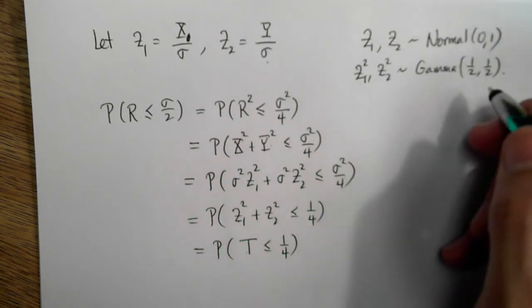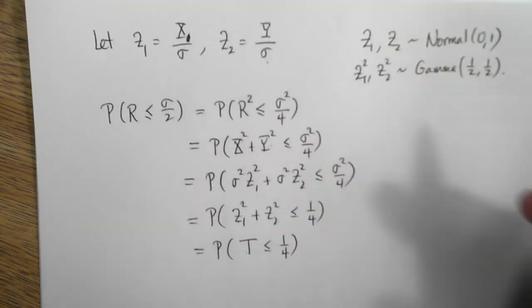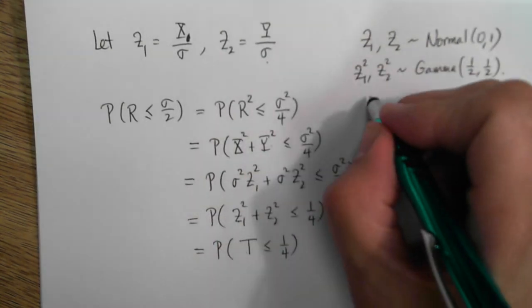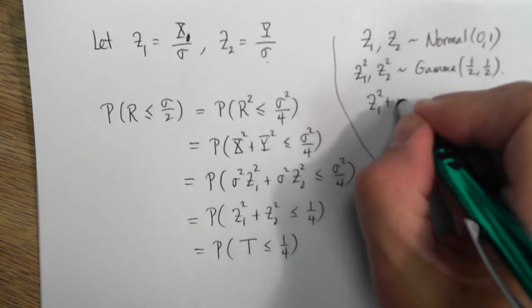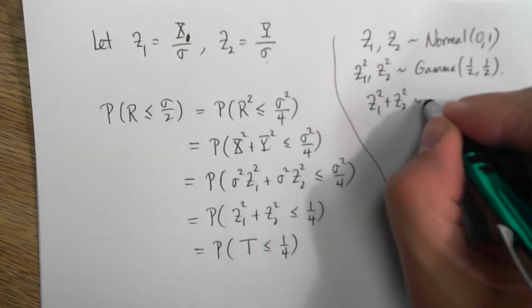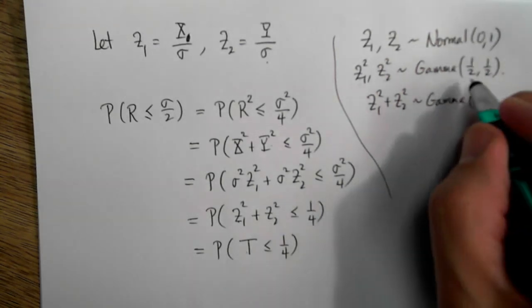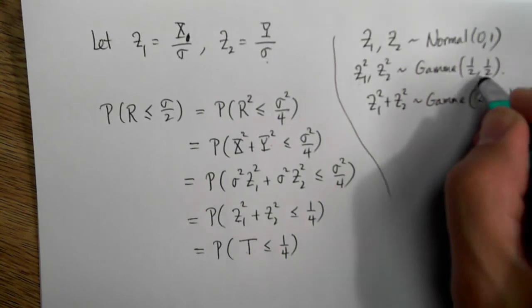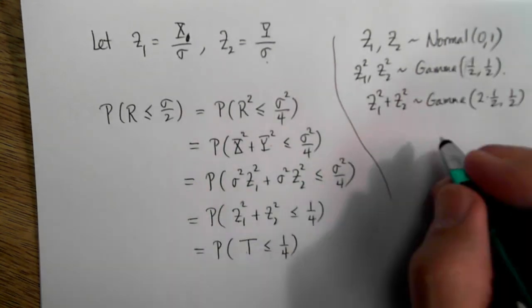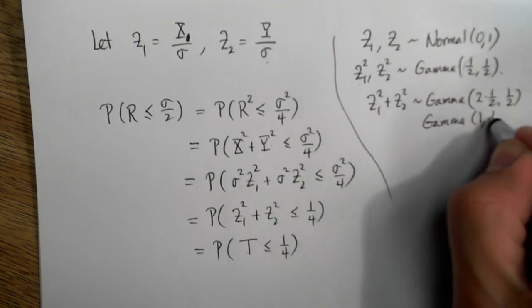Now this is actually another theorem that we proved in class. z1 and z2 are independent because x and y are independent. So that means that z1 squared plus z2 squared also will follow a gamma distribution. And it will follow a gamma distribution with parameter 2 times 1/2, where I take this number and add it to itself. So that's gamma with parameter 1, 1/2.